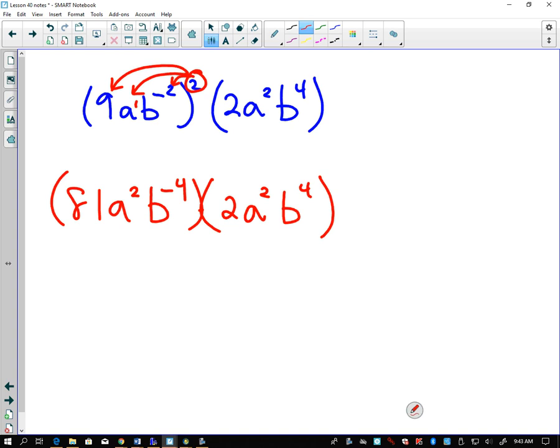What's happening here? I'm multiplying these things, right? So what can I multiply? It's the first thing you would multiply. 81 times 2. What's 81 times 2? 162. Okay?